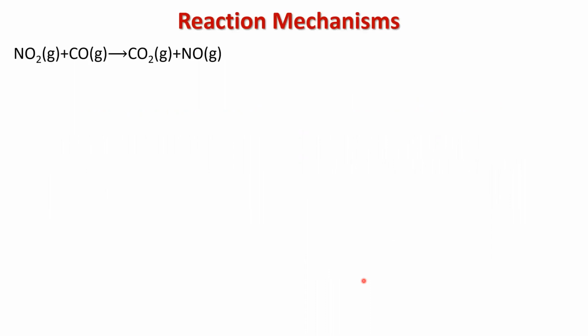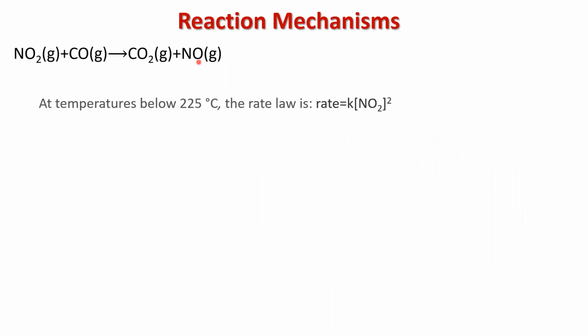So let's look at an example. We have nitrogen dioxide reacting with carbon monoxide to produce carbon dioxide and nitrogen monoxide. At 225 degrees Celsius, we're told that the rate law is rate equals k times the concentration of nitrogen dioxide squared.